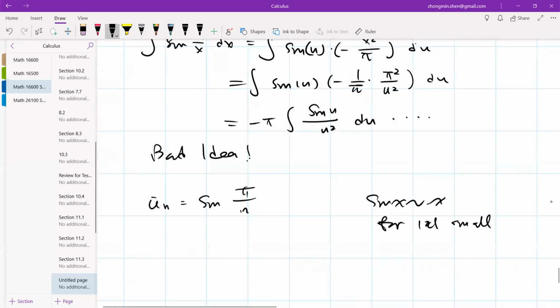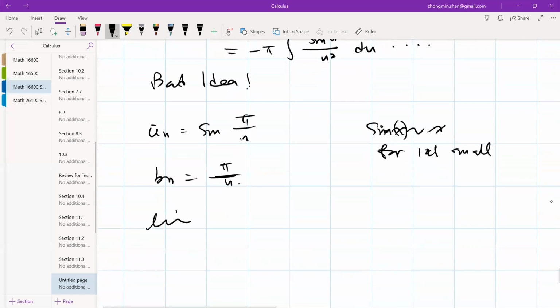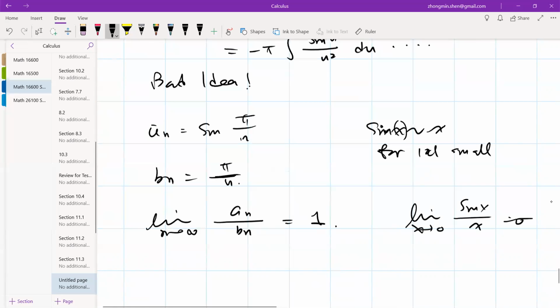Right? That's a good part. So for Bn, I'm going to use pi over n. Then I see that the limit as n approaches infinity is going to be 1. This is because the limit as x approaches 0 of sine x over x is going to be 1.